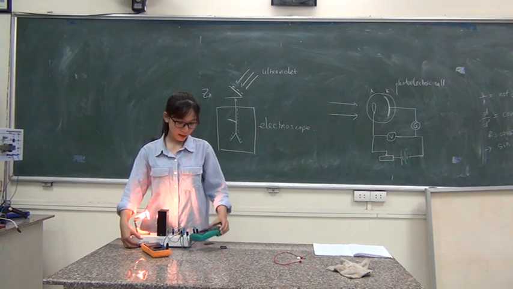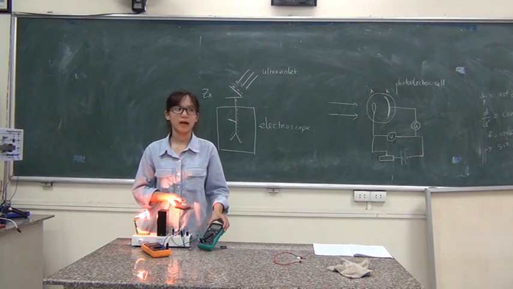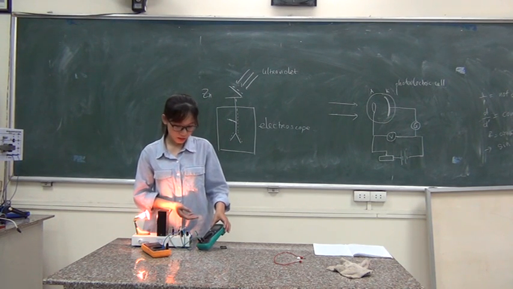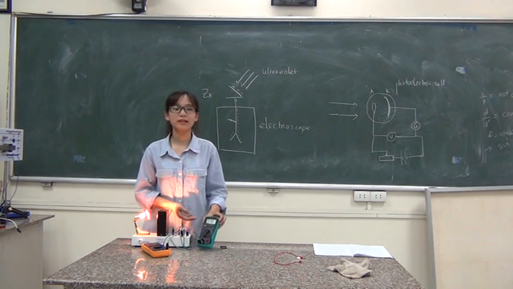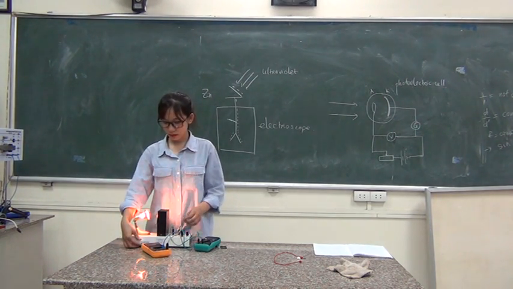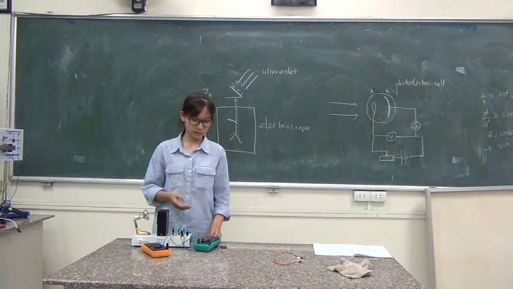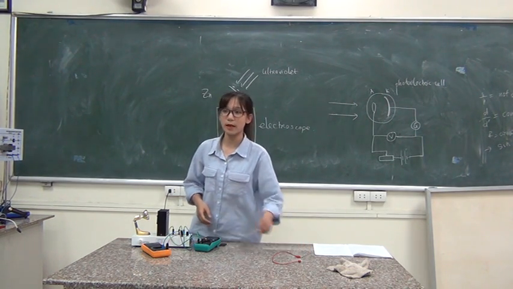Yes. And we can see the value of the ammeter is totally different from the first case, which is now 70.9 microamperes. So maybe the wavelength of the blue light is much more effective for the phenomenon to happen.